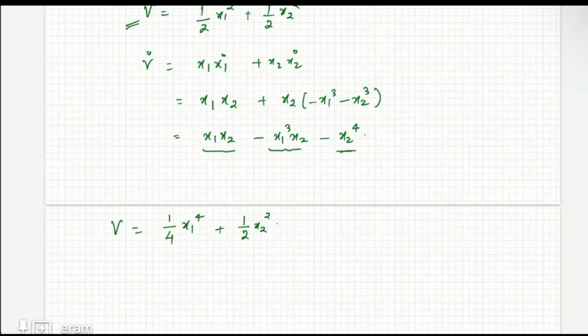Now if we find the derivative of V along the solution, it will be x1 cube x1 dot plus x2 x2 dot.